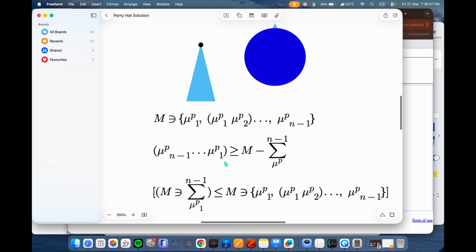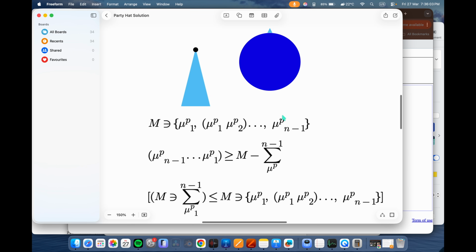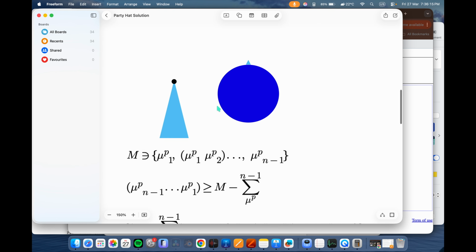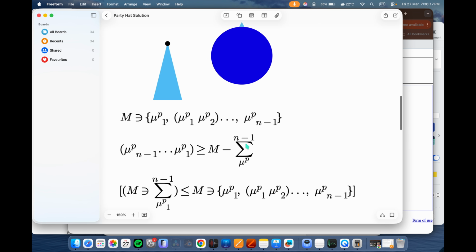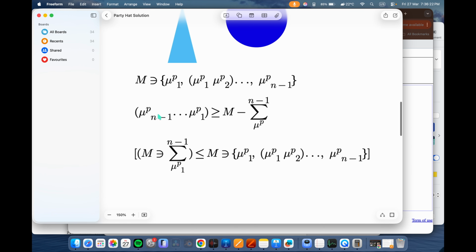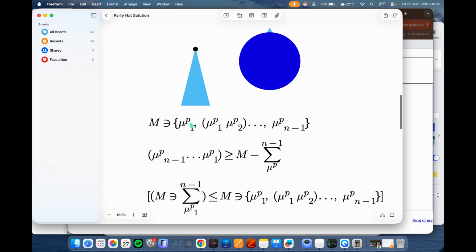So all of these points is much larger than this set minus, wait, let me see. Yes, so this entire collection, like this entire set of points, will always be larger than m, which means that this represents all the finite points.